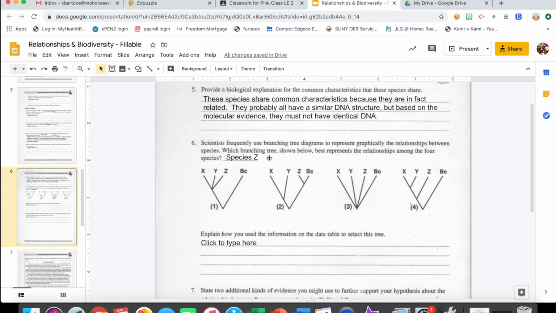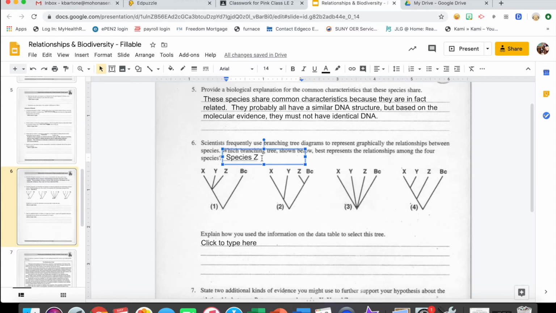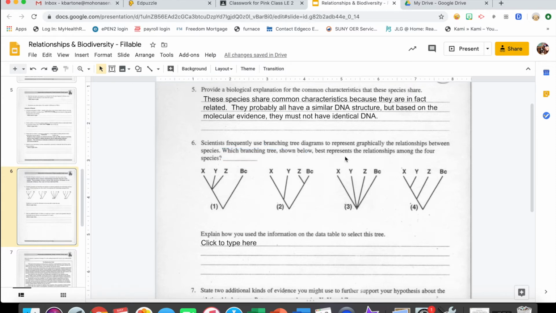So we have determined that species Z is the most closely related to Botanicurus, and so which evolutionary tree will show that, which I realize means I'm supposed to write one of the evolutionary trees there. Sorry about that. Which branching tree shown below best represents the relationship among the 4 species?